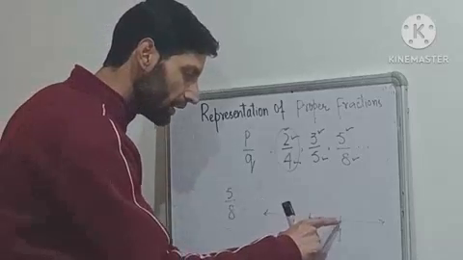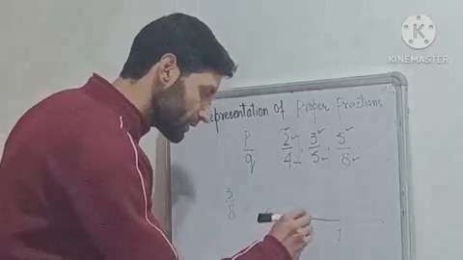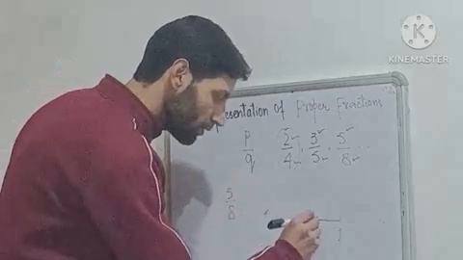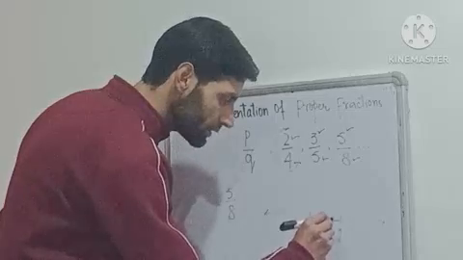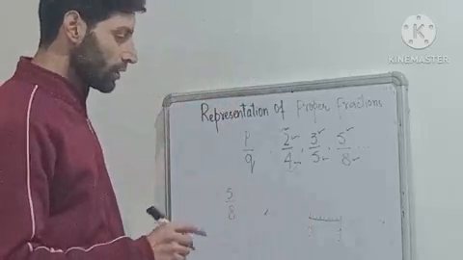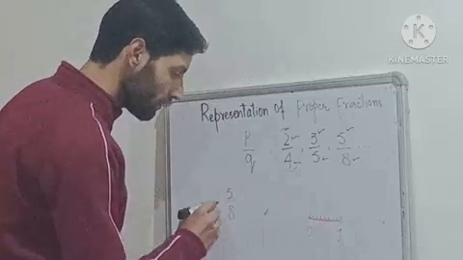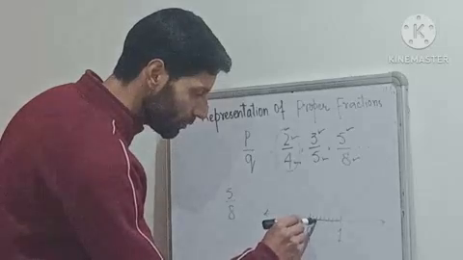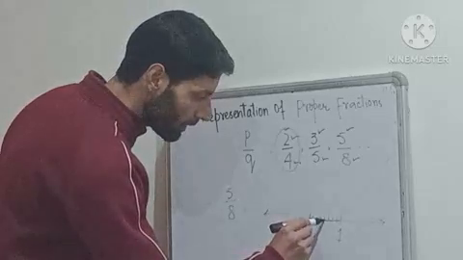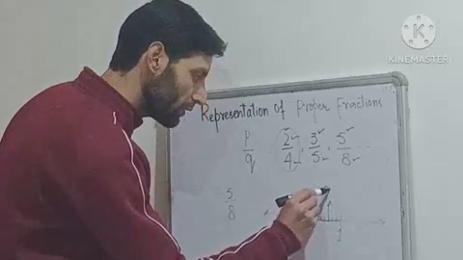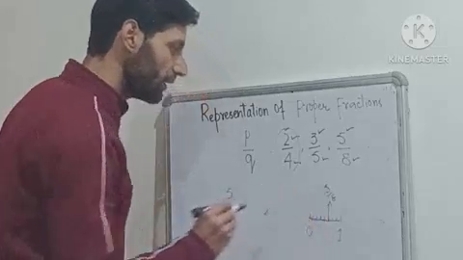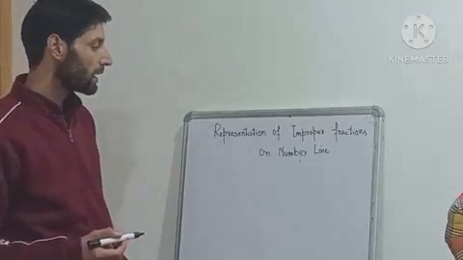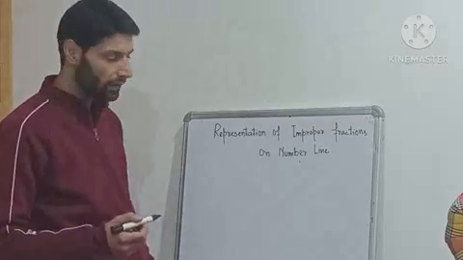So we will divide this part into 8 equal parts. जो डिनोमिनेटर होगा उतने ही पार्ट्स हम करेंगे. 1 2 3 4 5 6 7 and 8. So fifth point will denote 5/8. ये डिनोट करेगा 1/8, ये 2/8 को, 3/8 को, 4/8 को, and this fifth point will denote 5/8. This is how. Now let us understand how improper fractions can be represented on number line.